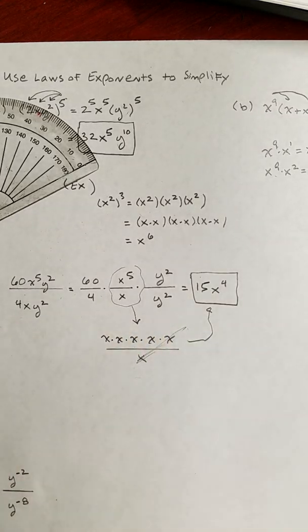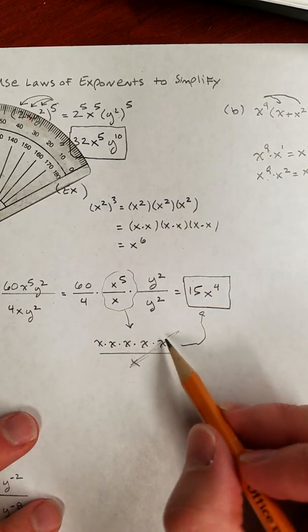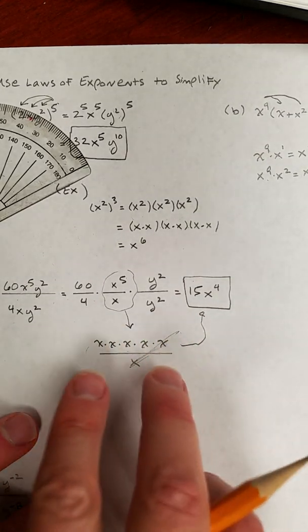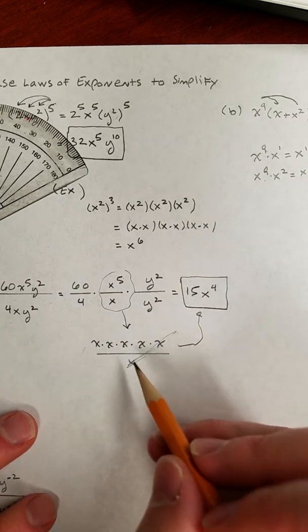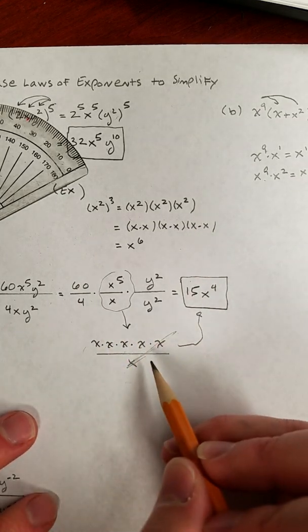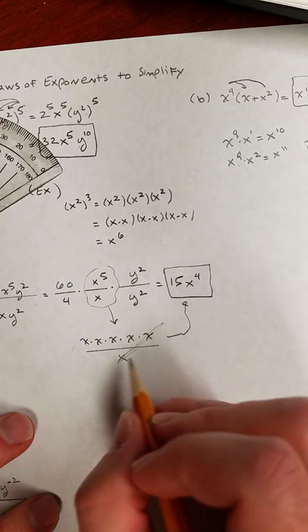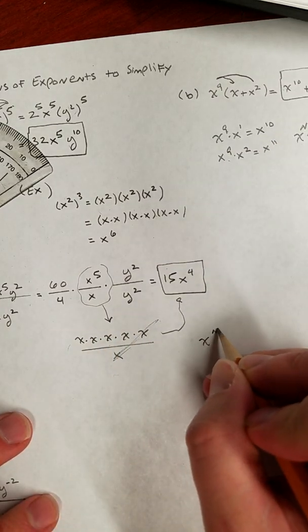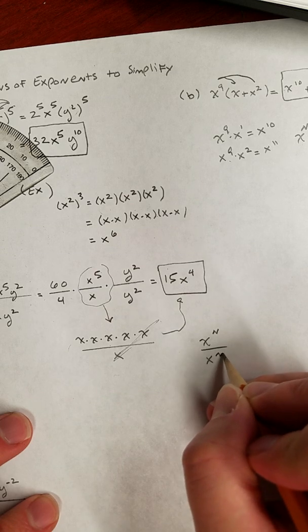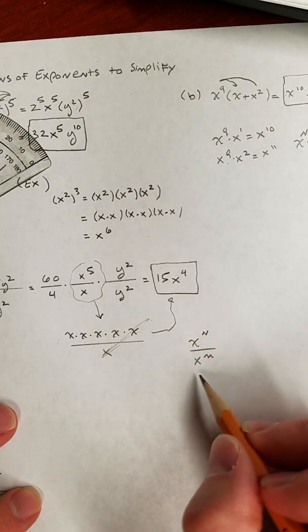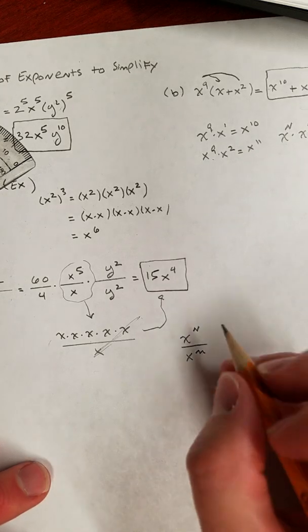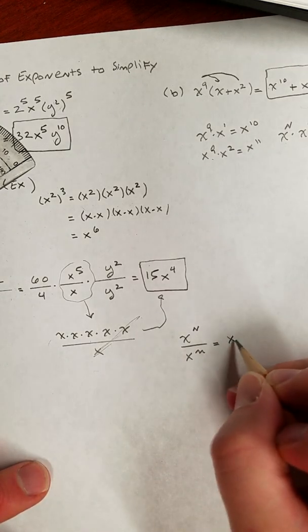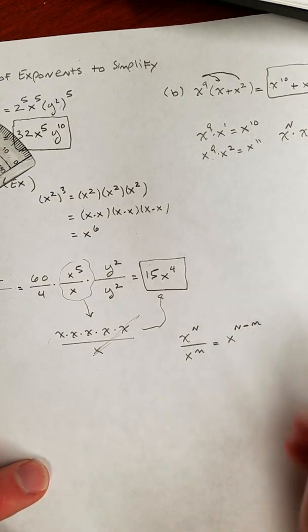But there's a rule for that too, all right? If you don't want to think about it like me, I'm trying to show you a way that is undeniable, all right? But what's the rule behind this say? If you divide like things, like say you divide x to the n power over x to the m power, the rule is that when you divide like things, you subtract the exponents.